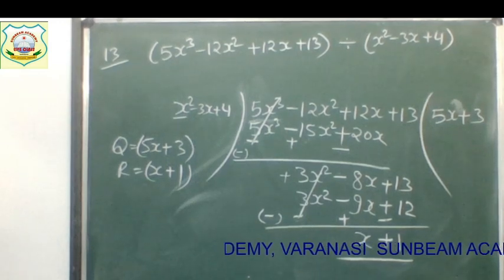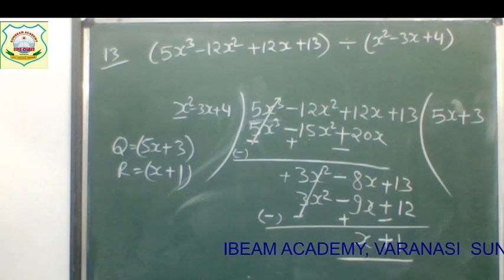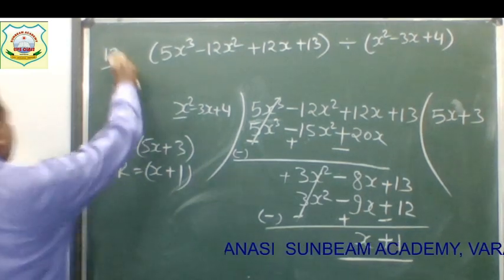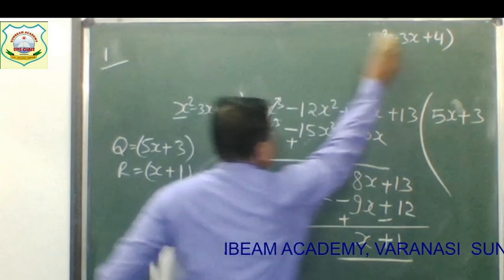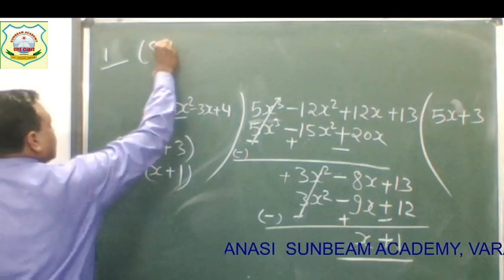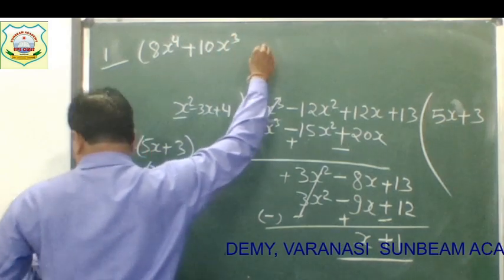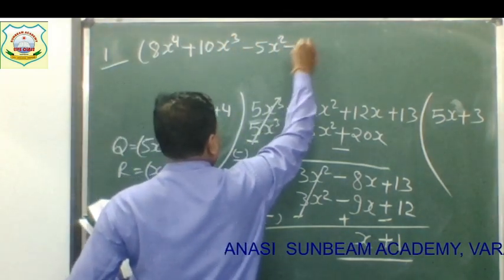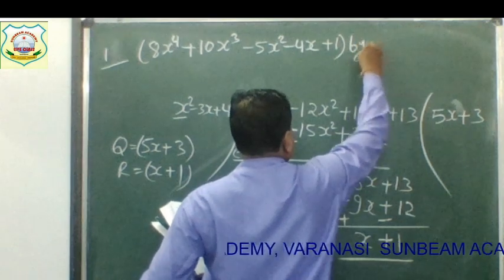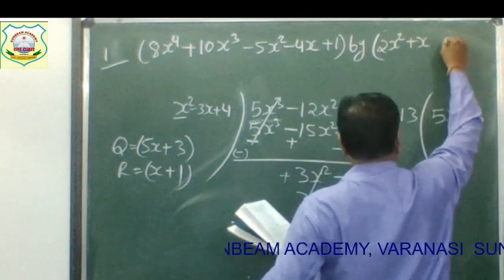Now I will take the last question. Question number 15. 14 you will do yourself, 15 I am telling. x power 4 plus 10x cube minus 5x square minus 4x plus 1 by 2x square plus x minus 1.